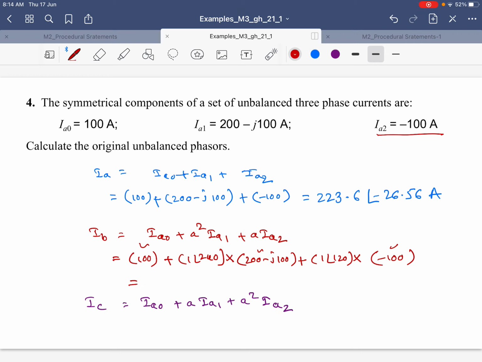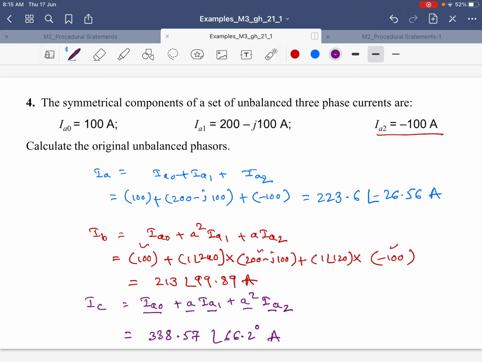Evaluating this, the value of IB I am getting is 213 at an angle of 99.89 degrees amperes. Similarly, substitute the values of IA naught, A times IA1 and A square times IA2 in the expression and find IC. The value of IC I am getting is 338.57 at an angle of 66.2 degrees amperes.